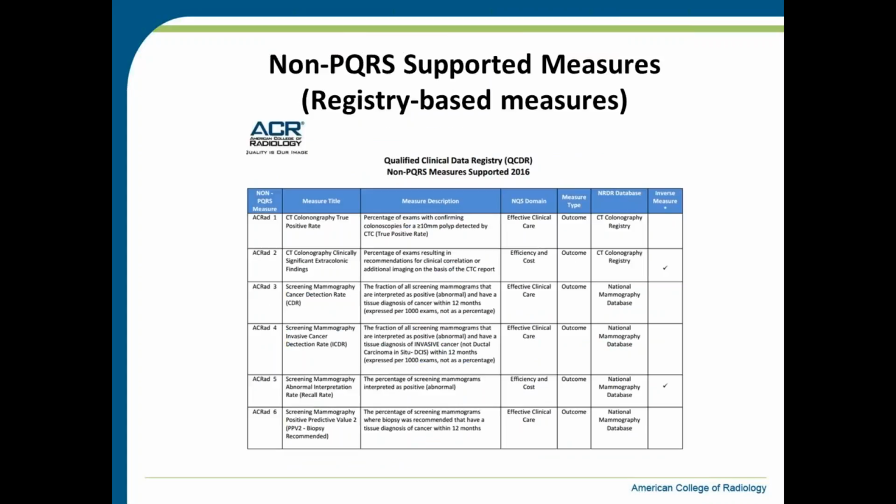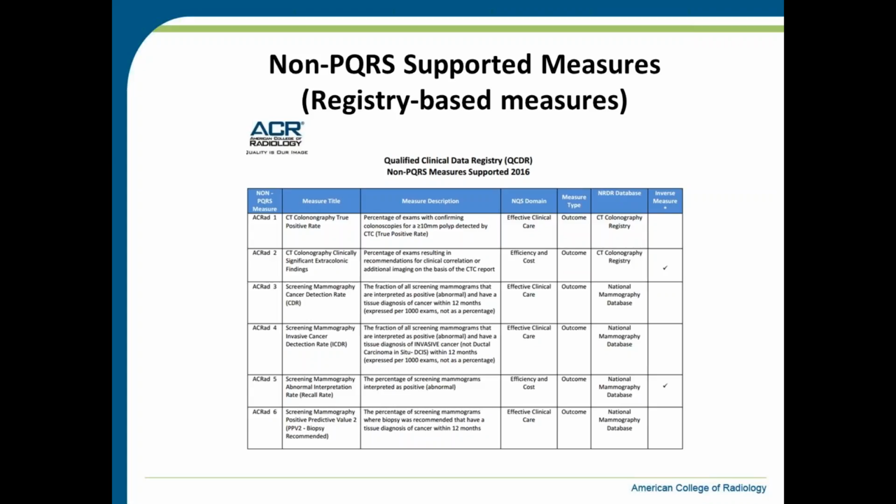Let's look at the non-PQRS supported measures, or our registry-based measures. If they're signed up for various NRDR databases, there are a number of measures available to them. As I mentioned, we have documentation that tells you what the measure title is. Because these measures are not CPT driven, we give you more information on what the intent of the measure actually is.